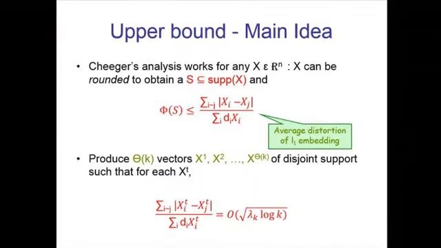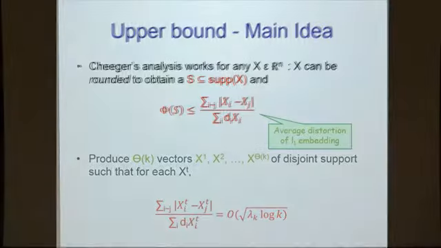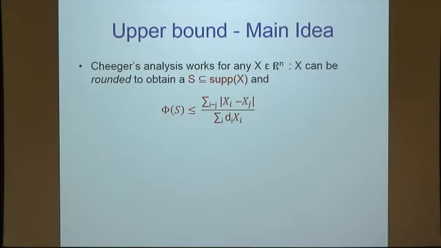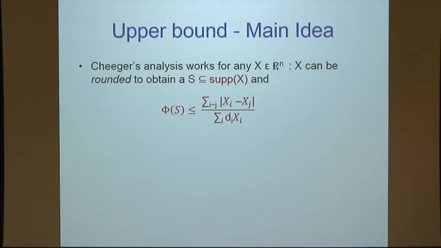Okay, so let's see how to prove this. Cheeger's analysis essentially shows that you don't need to start with the second eigenvector. You can start with any vector x which has small support, and you can obtain a set S which lies in the support of x, whose expansion is at most this quantity over here. I would like to think of this quantity as the average distortion of the L1 embedding given by this vector.